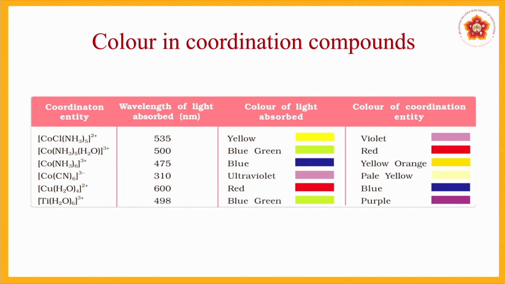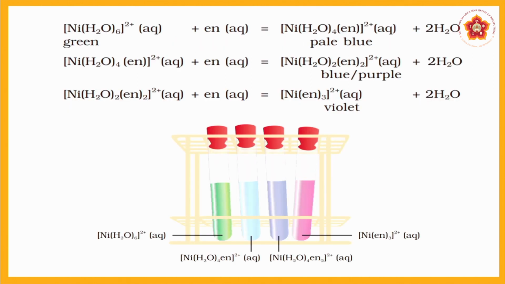Similarly, whenever we form complex compounds like aqua compounds of nickel, you are able to see that with the change in the ligands that are present, it does affect the overall coloration of the compound, because different ligands will absorb various wavelengths of light.